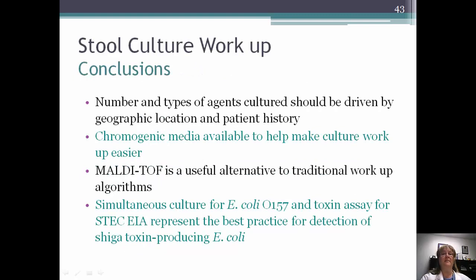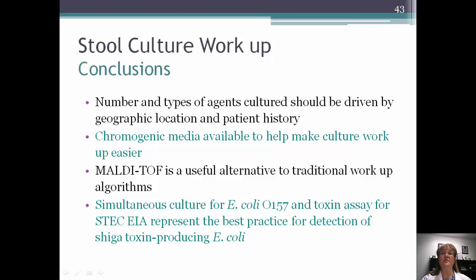So, conclusions. The number and types of agents that we're going to look for in our stool cultures should be driven by our geographic location and our patient history and patient population. We can use chromogenic media to help make our culture workup easier. We can also use MultiTOF as an alternative to our traditional workup algorithm. Also, according to the CDC, culture for both E. coli O157 as well as testing for non-O157 STECs is the best practice for detection of the Shiga toxin producing E. coli.